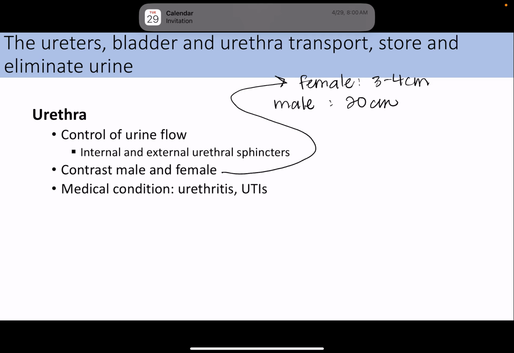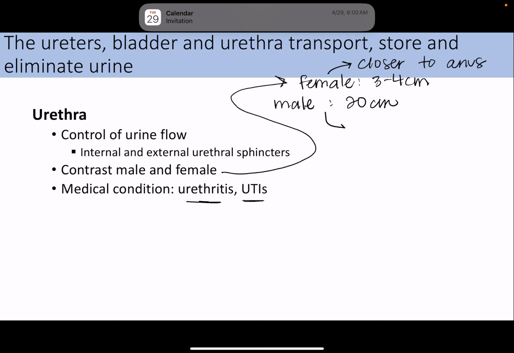And we're going to get into urethritis and UTIs right now. Females are more likely to contract a UTI. One, because their urethra is closer to their anus. And because it's shorter, it has a lesser way to travel to get to the bladder, to the ureters, and so on and so forth.